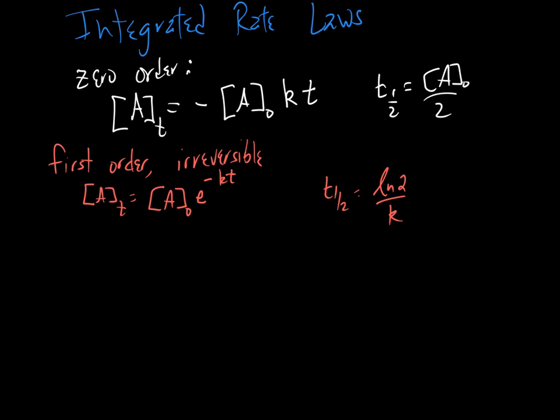And if we have first order irreversible, there's also a first order reversible, so it can come on and off, come on and off, come on and off. And that's when it becomes much more difficult. So let me write it out first, and then I'll explain what it means.